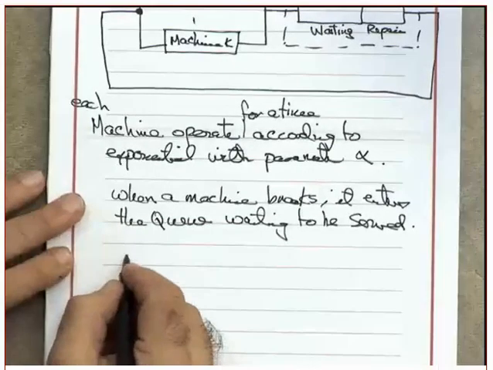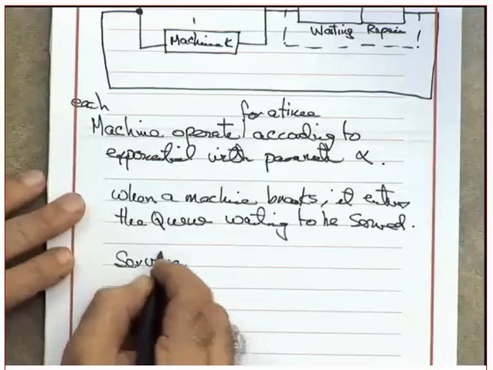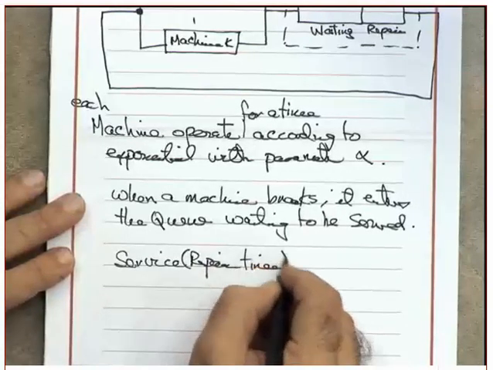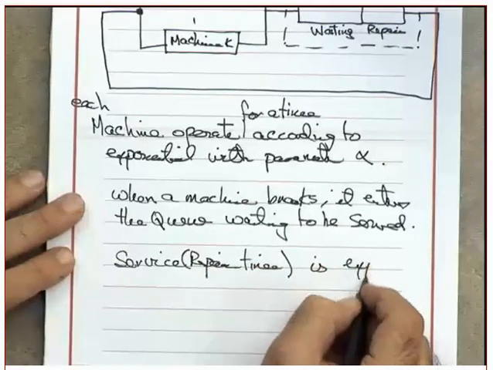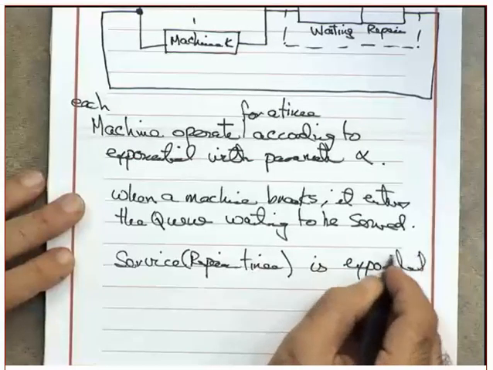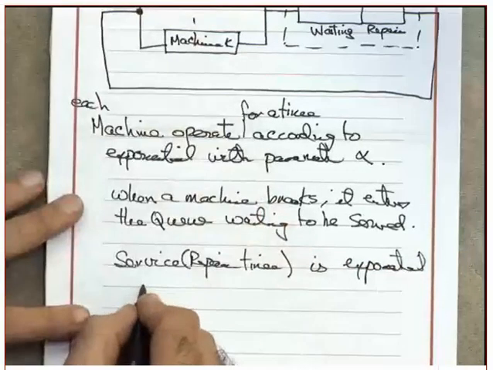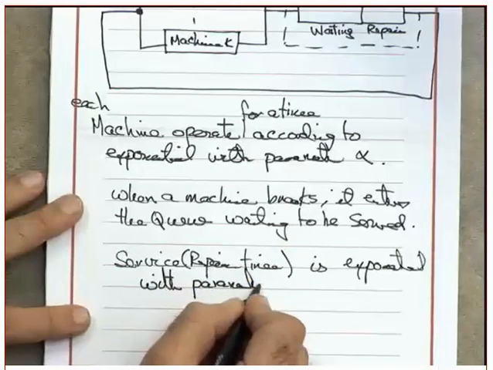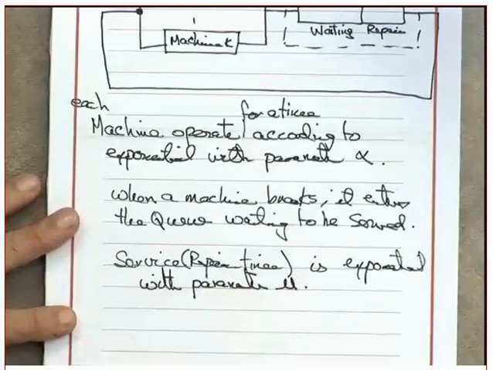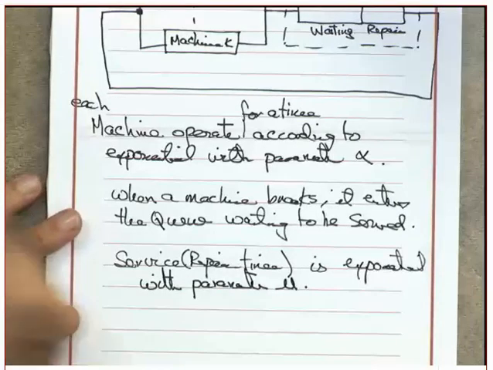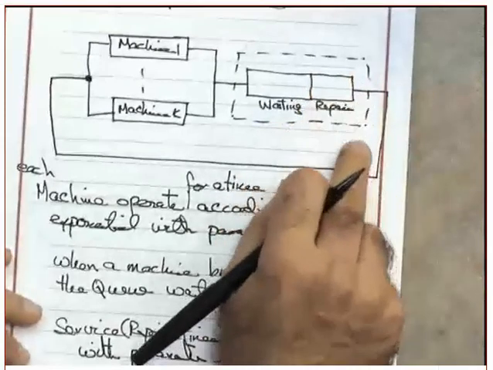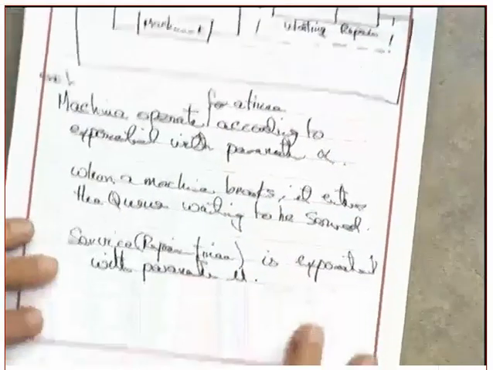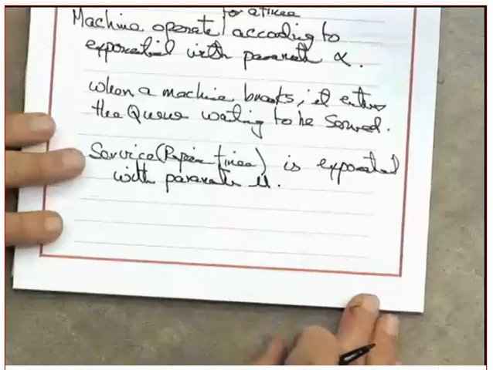The service or repair time is exponential again, independent of the operation, with parameter mu. Clear? Now, after it is repaired, the machine will go back and join the operating room. Clear? Okay, good.